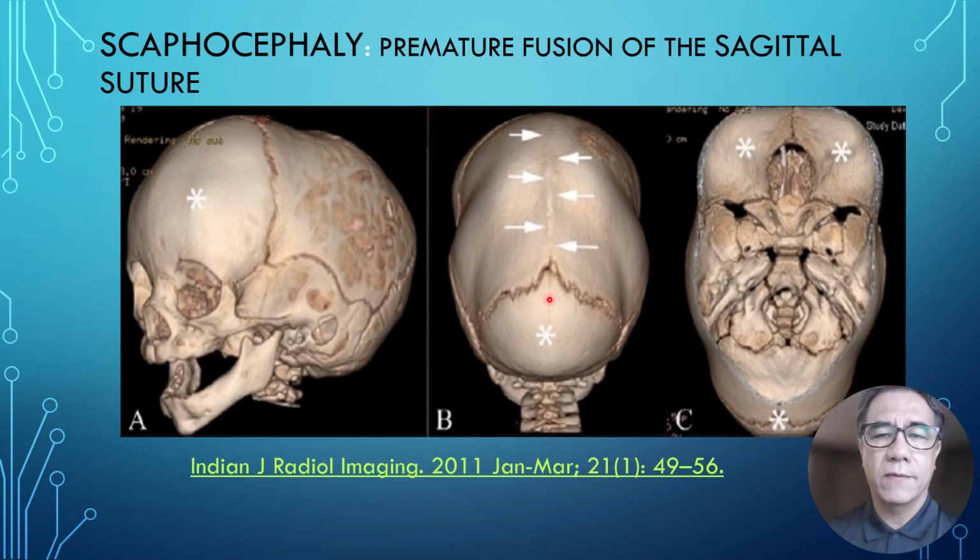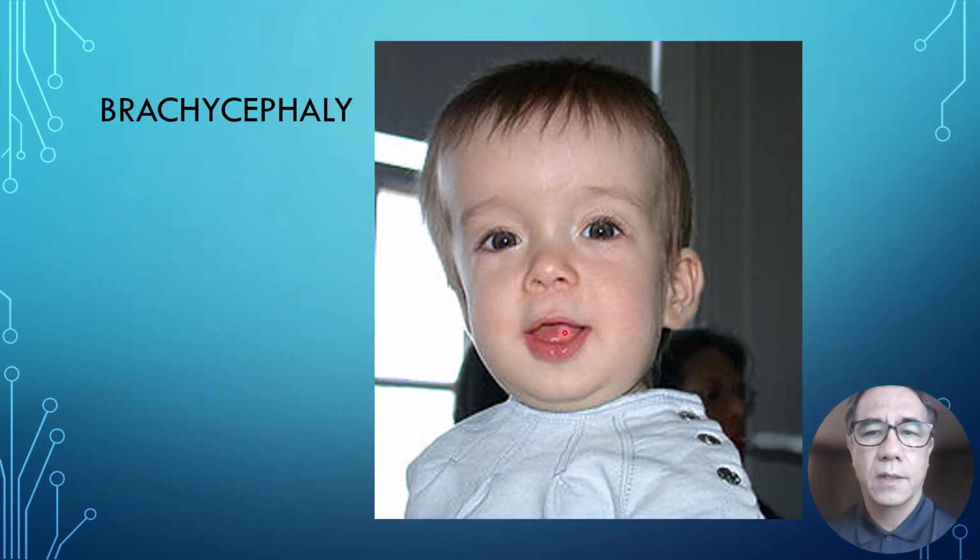So remember, scaphocephaly, sagittal suture is prematurely fused, leading to bone growth in the direction of or parallel to the suture, so it's from front to back, like stretched out from front to back. So that's scaphocephaly. This is brachycephaly, wide from side to side.